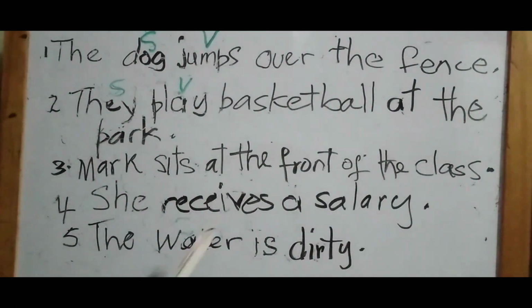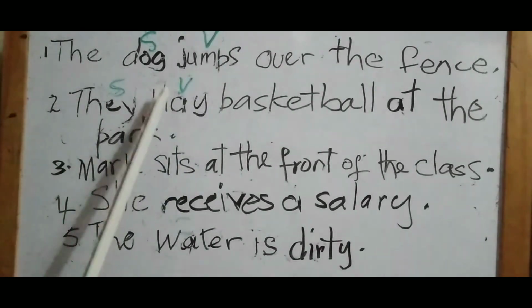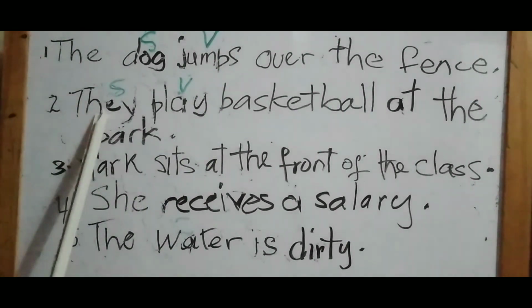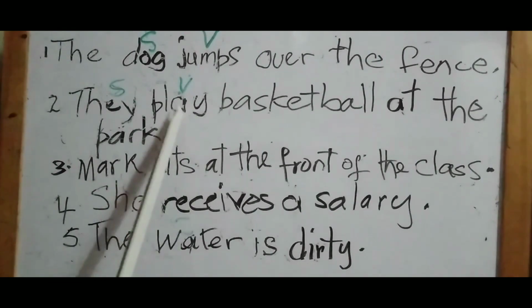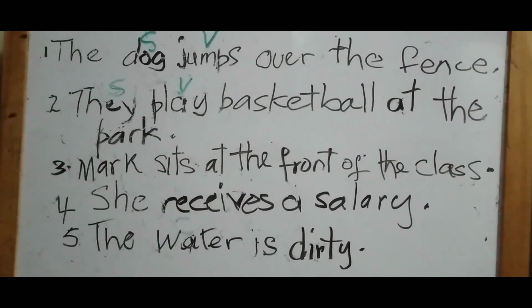All right, so they represents plural, and it is a pronoun, and play is the verb here. So if you notice, no S on it, because as I said before, the plural verb doesn't have an S.